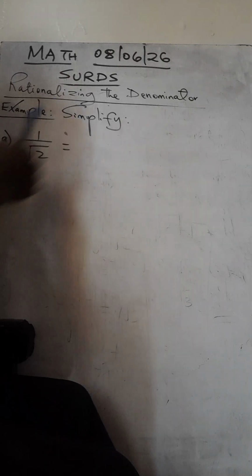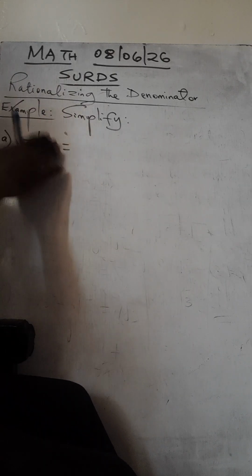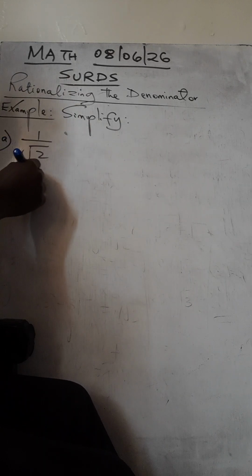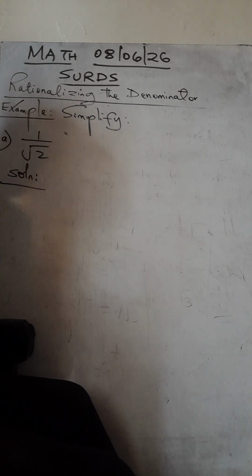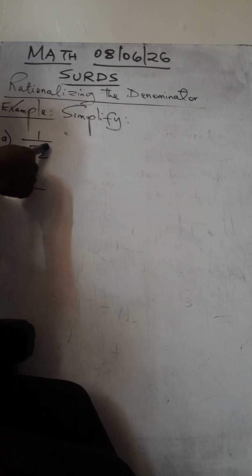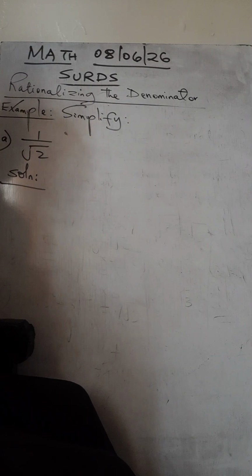Now in this case, you see that the numerator is a rational number, it is a whole number, but the denominator is an irrational root. So rationalization means you remove this root from here so that you get a whole number on the denominator.